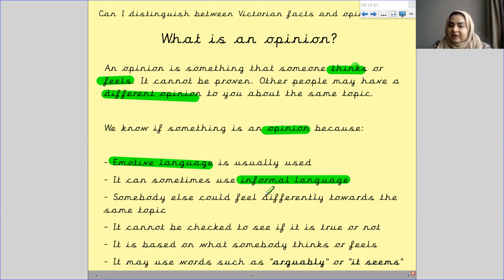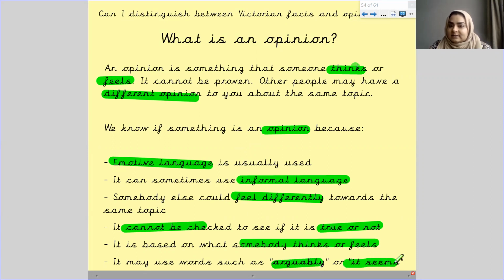Somebody else could feel differently. It cannot be checked, so there's no evidence to see if it's true or not. It is based on what somebody thinks or feels. It may use words such as arguably or it seems.